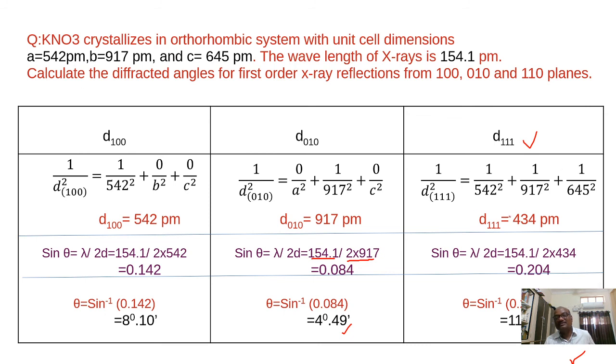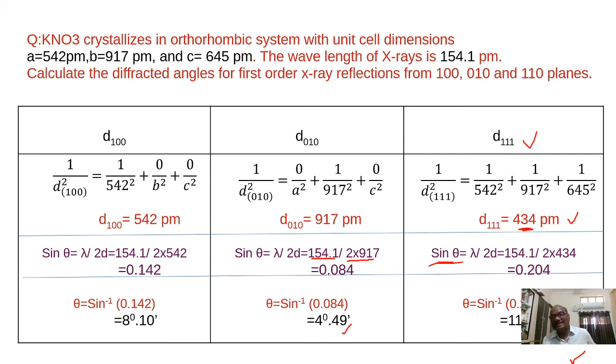On simplifying this, we get D111 equal to 434 picometers. It is the interplanar distance. Now sin theta is equal to lambda by 2D. By substituting lambda 154.1 divided by 2 into 434, that is 0.204 we got. So sin theta is equal to 0.204. What is theta? That is equal to sin inverse 0.204.